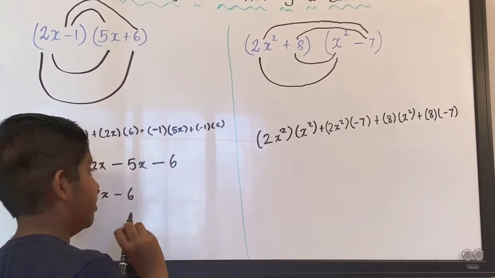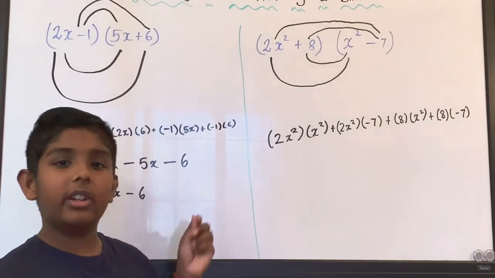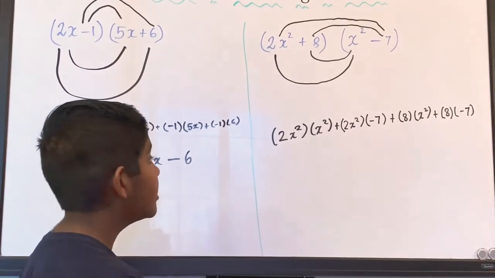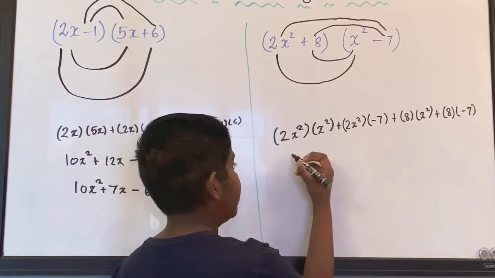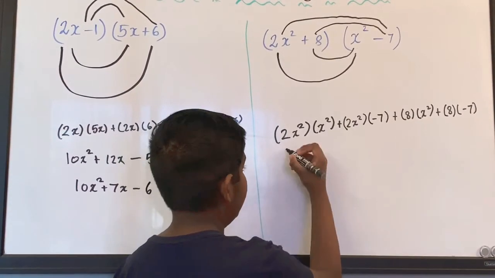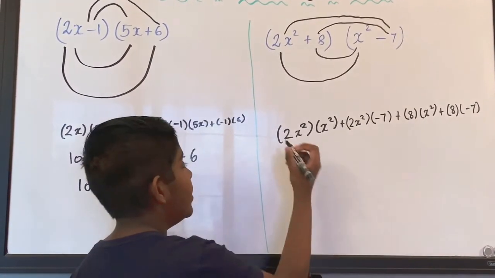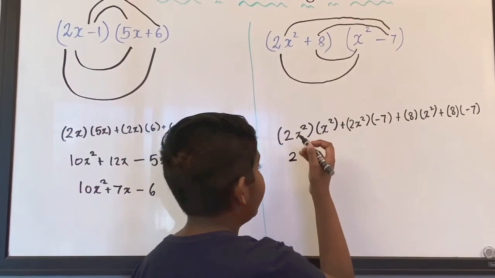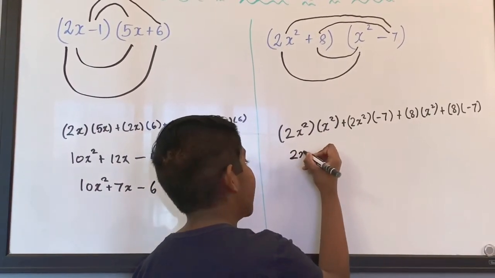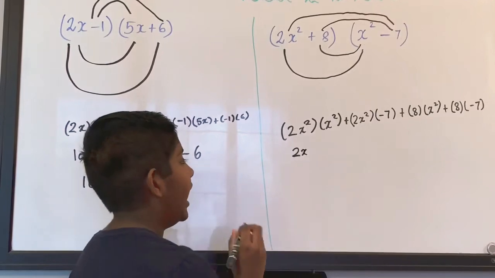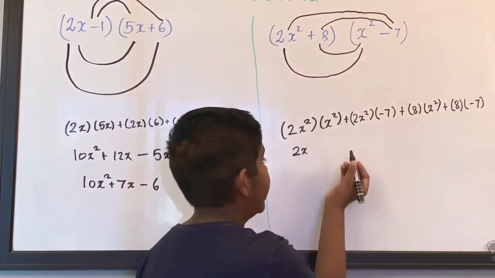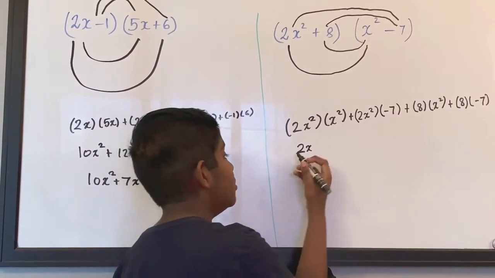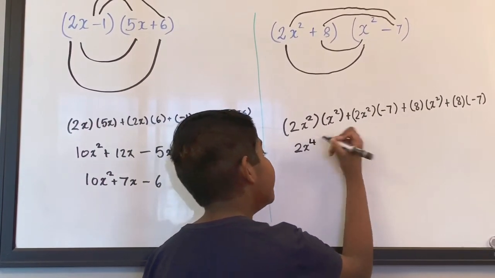Okay, so we wrote it separately. Let's figure out the answer for each part. 2 times 1 is 2. And then we have x squared and x squared. We have the same variable, so let's write that down and add the exponents together. 2 plus 2 is 4. So this one is 2x to the power of 4.